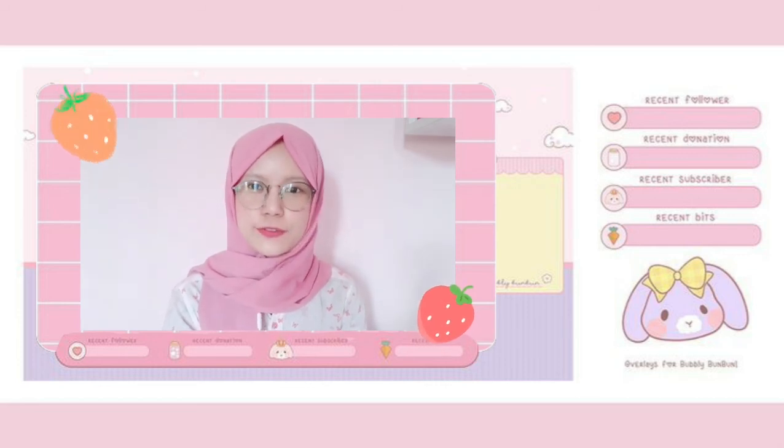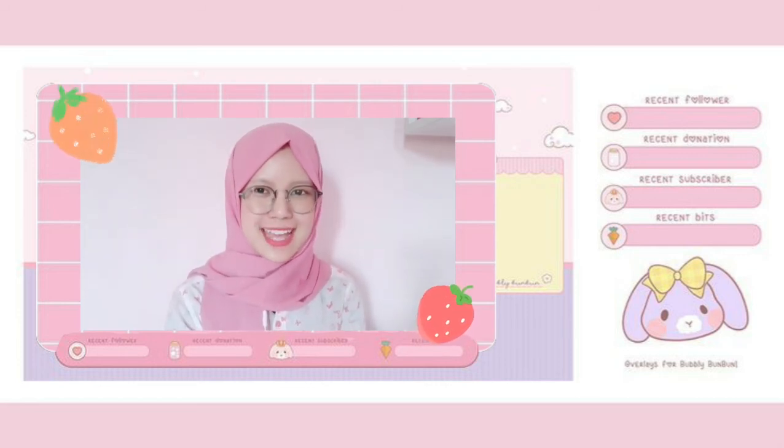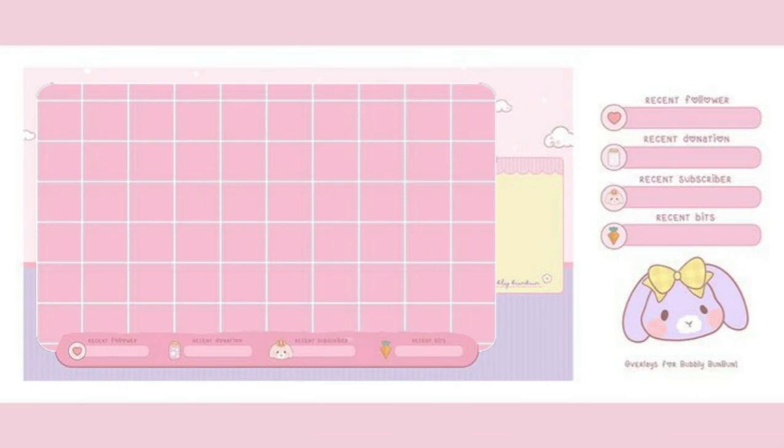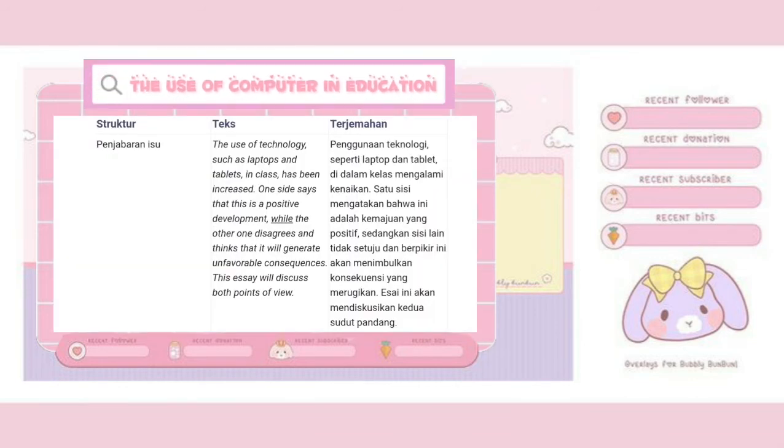Now, let's take a look at an example of discussion text. The title of the text is The Use of Computer in Education. We can see three aspects: structures, text, and translation of the text. In the first paragraph, we can see the issue of the text.